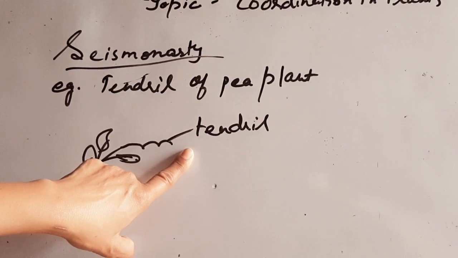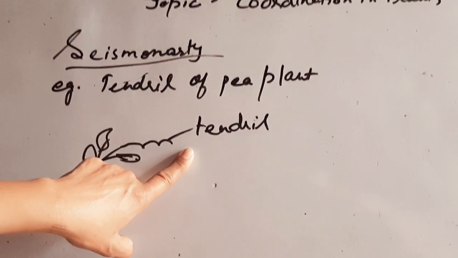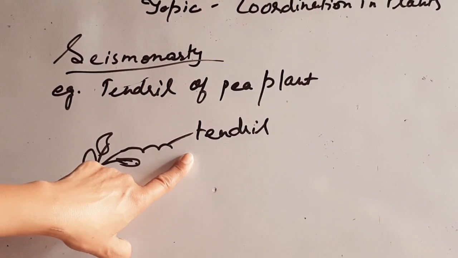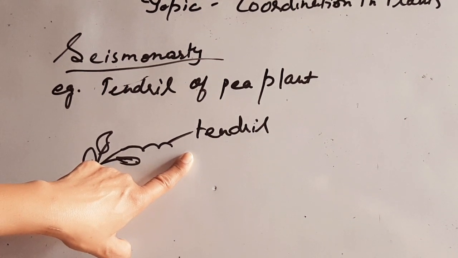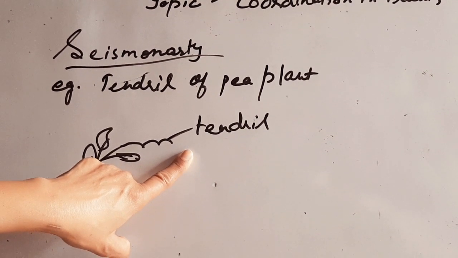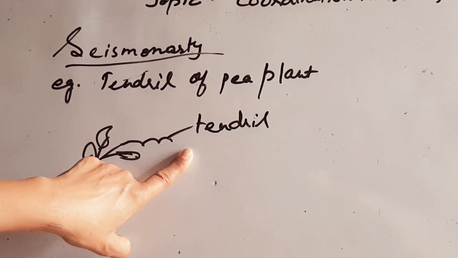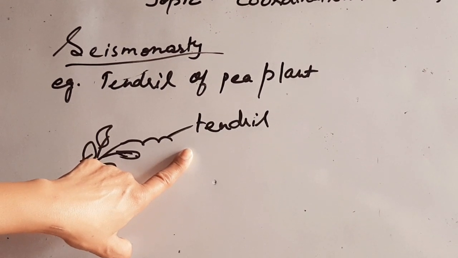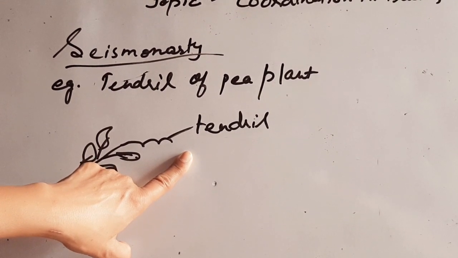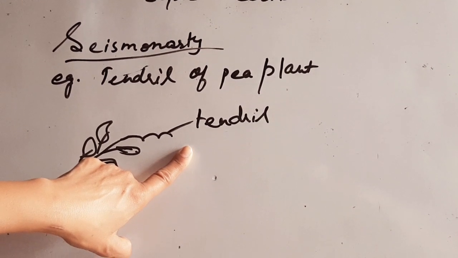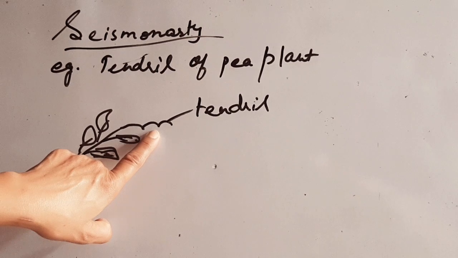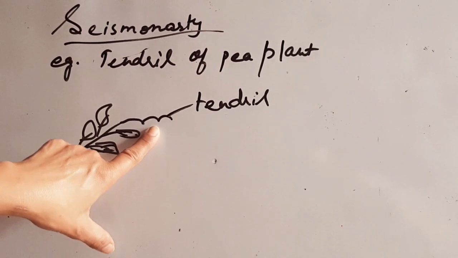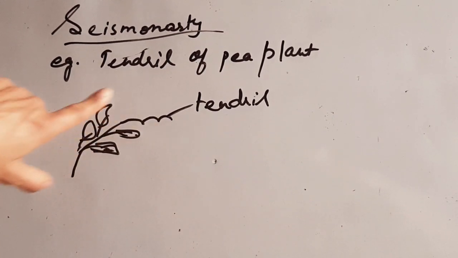Now the reason why the tendrils curl around the object is that when these tendrils come in contact with any support, the part of the tendril in contact with the object does not grow. That means this portion does not grow as rapidly as the part away from the object.